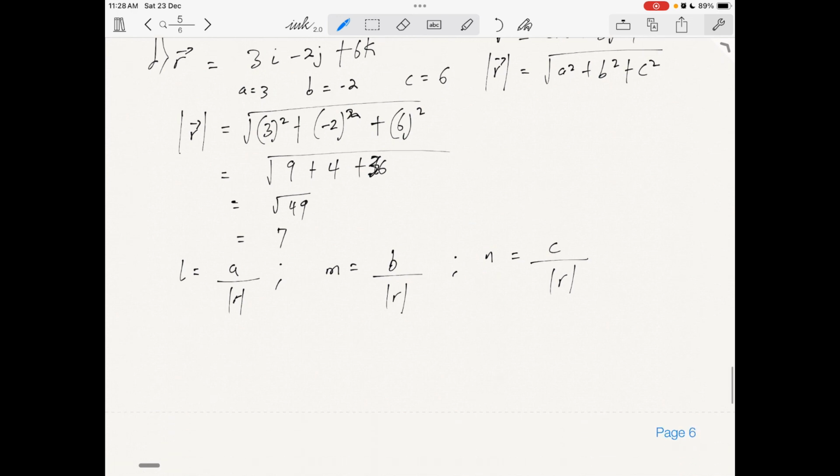Now a is 3 and the modulus of r is 7, b is minus 2 and the modulus of r is 7, and c is 6 and the modulus of r is 7. These are the values of l, m, and n here. So it's just as easy as that.